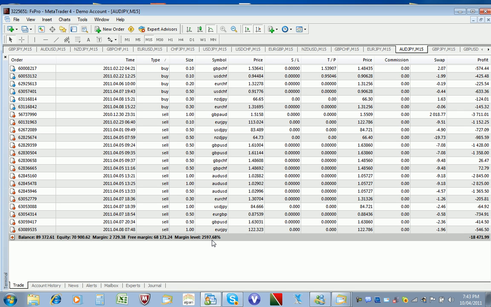Because this is a non-US broker, margin should never drop below 1,000%. This is double. But for the non-US brokers, their margin is 200 to 1 rather than the 50, so that margin level can drop down about 4 times that amount and still be quite safe.